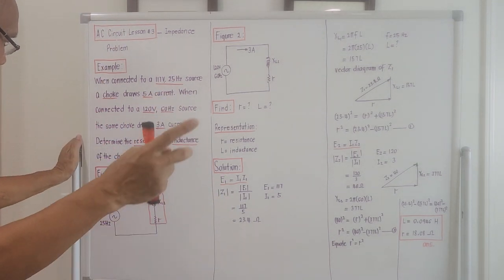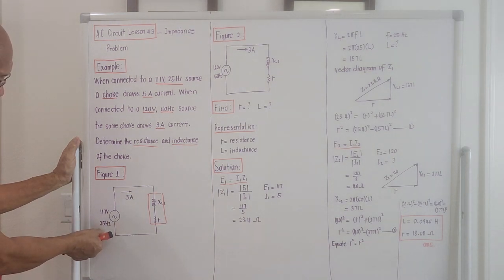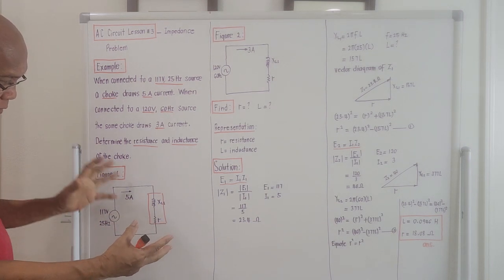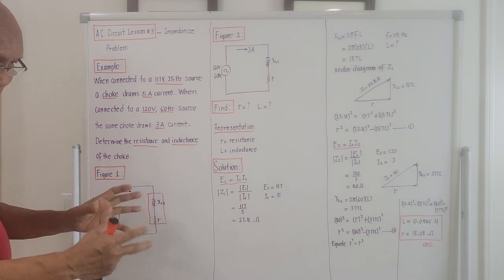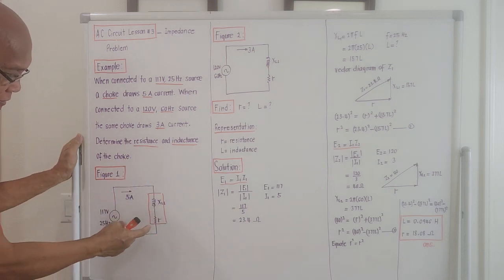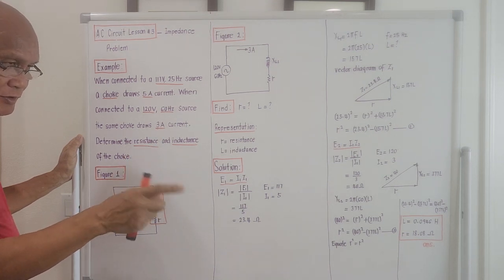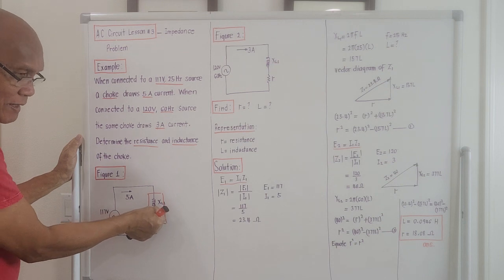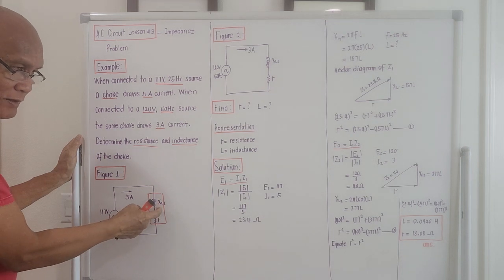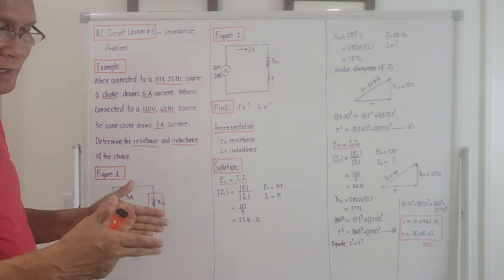For figure number 1, when connected to 117 volts and 25 hertz, it draws 5 amperes. This is the ballast, with the parameters inside, which is why lesson number 2 is about parameters. There will be a small resistance and the inductance of the coil. The bigger portion of the parameters inside the choke is the inductance, and the resistance is very small, maybe less than 100 ohms.